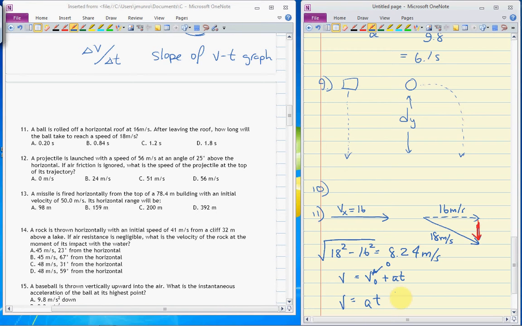Solving for t, t is equal to the 8.24 meters per second divided by the acceleration due to gravity, 9.81, gives me 0.84 seconds. 0.84 seconds, B. All right.